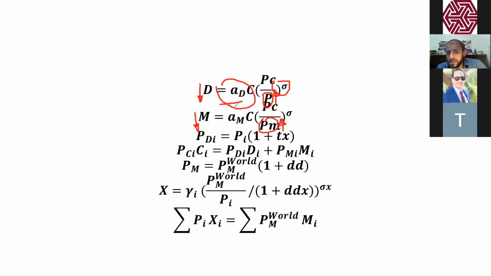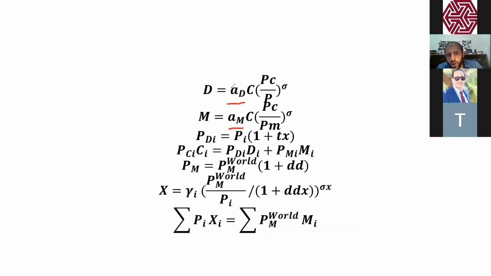The A is simply a scale parameter. It's just like the initial A that we have in the Cobb-Douglas production function, an intercept or a parameter that shows the scale of demand itself.